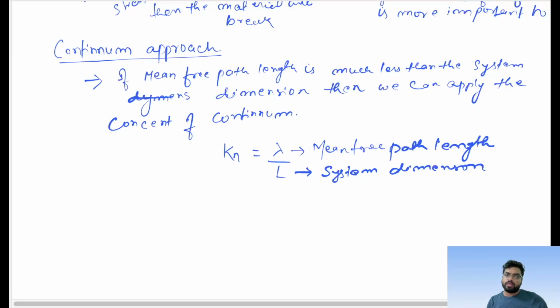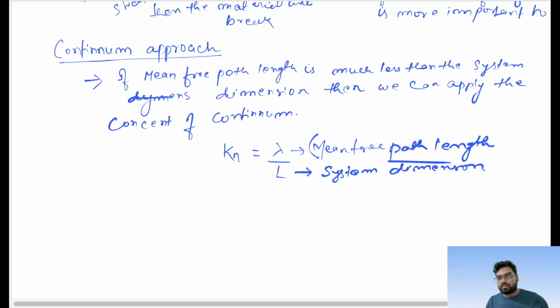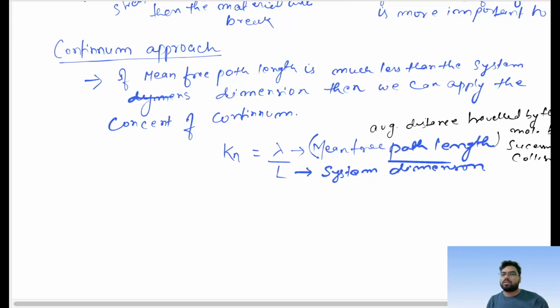Mean free path length, what is it? We can define it as the average distance traveled by the molecules between successive collisions.